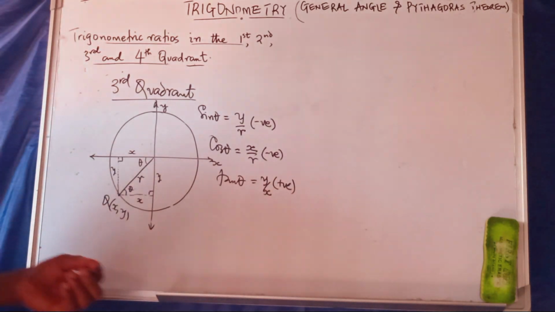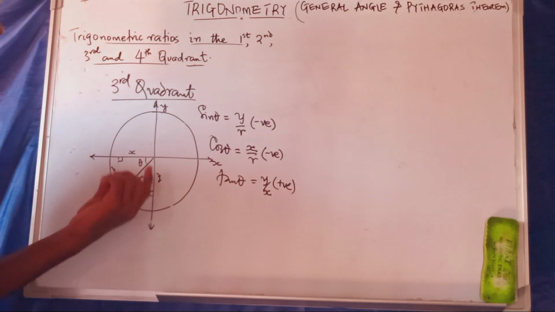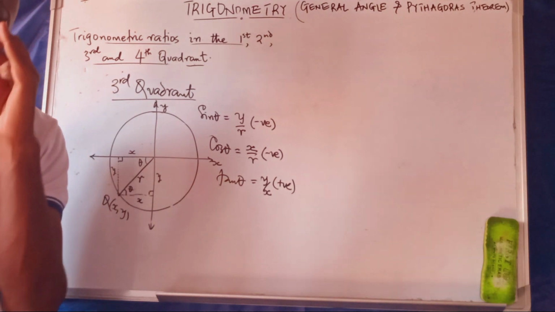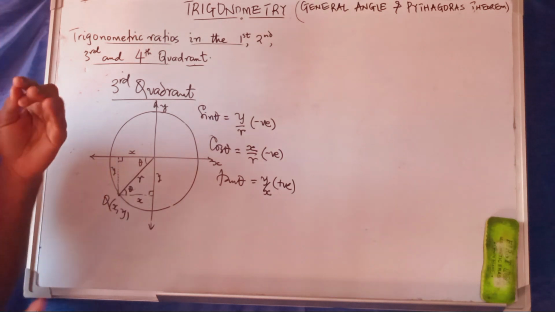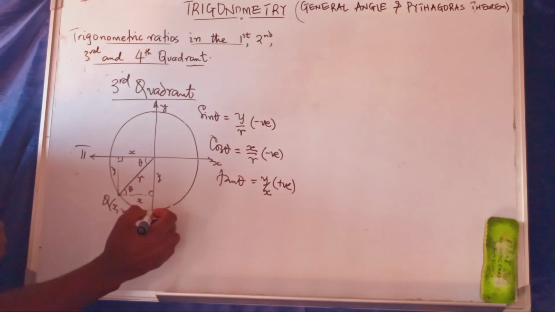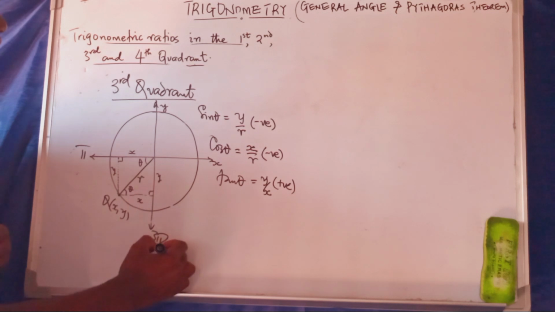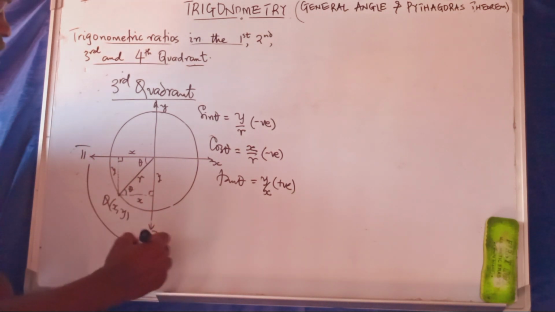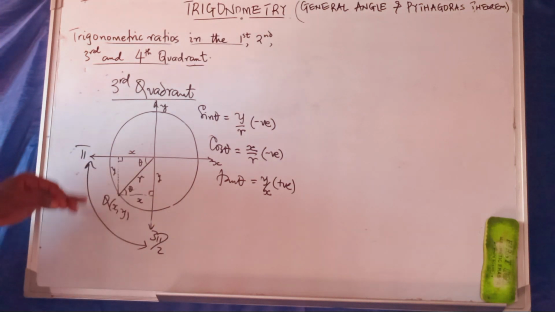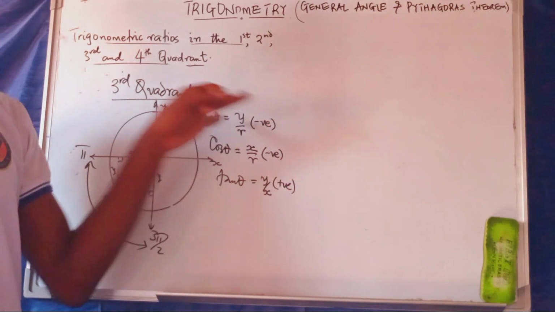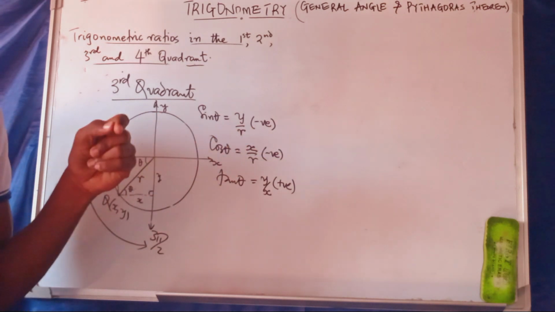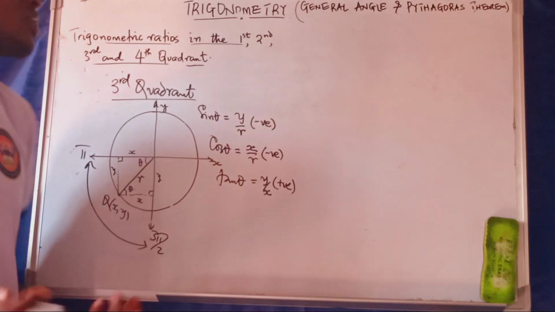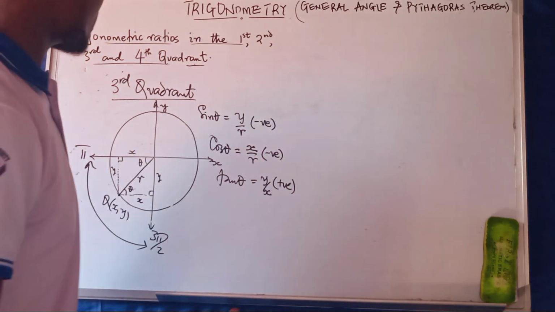So in the third quadrant, from pi up to 3 pi over 2, angles in this range always give a negative sine and a negative cosine, but the tangent will always be positive. So that's all we can say.